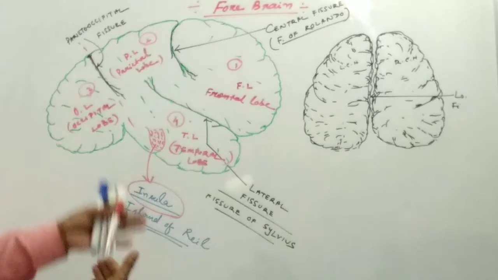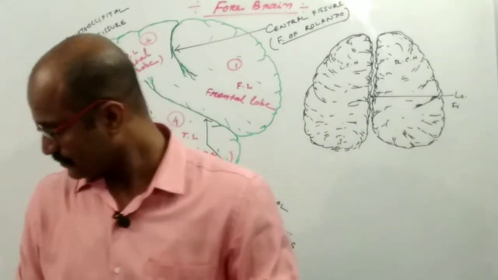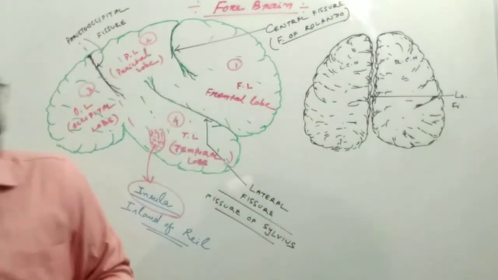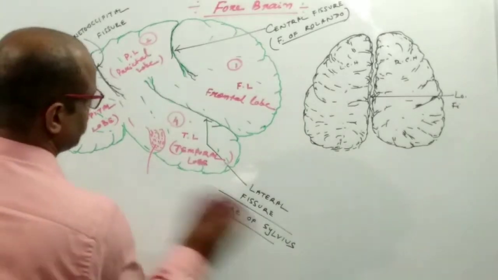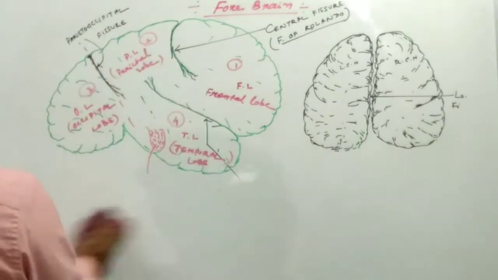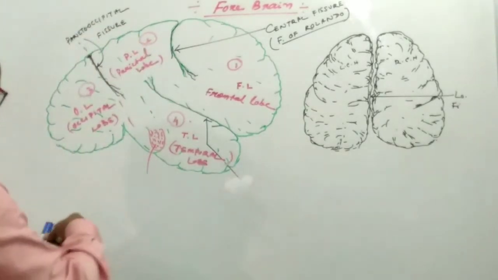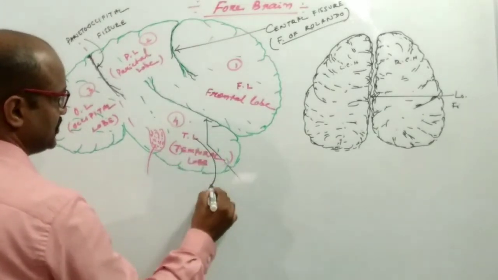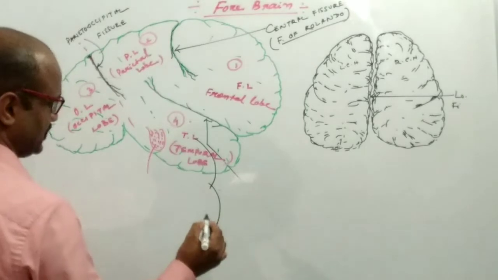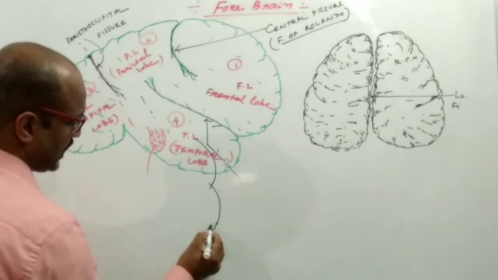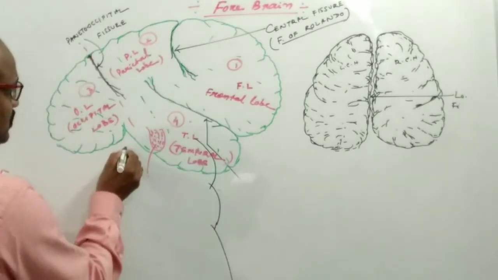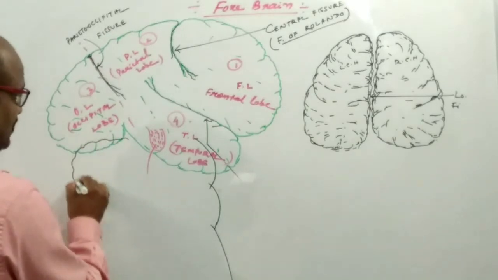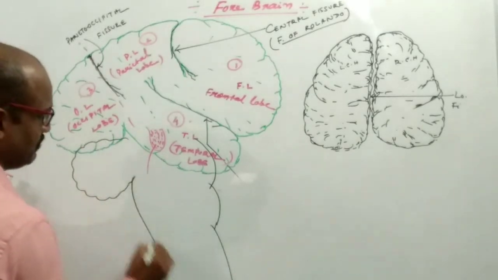If you take a section, then you find, suppose that this is the pons, this is the medulla oblongata, and this is the spinal cord. This is the cerebrum.